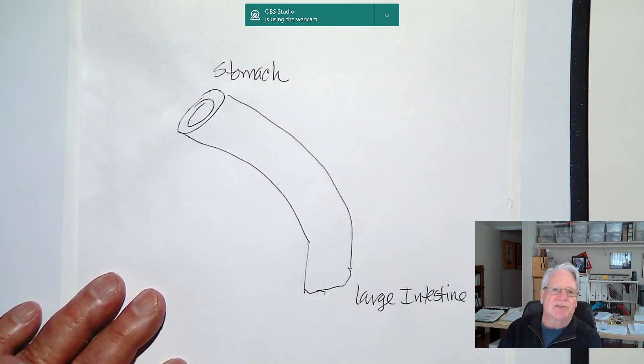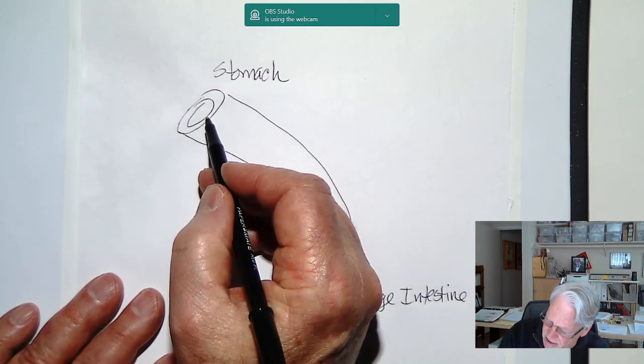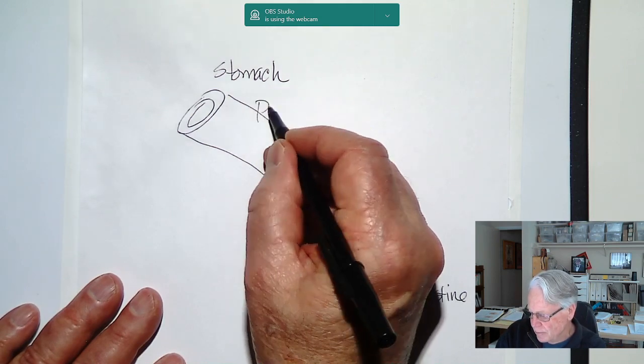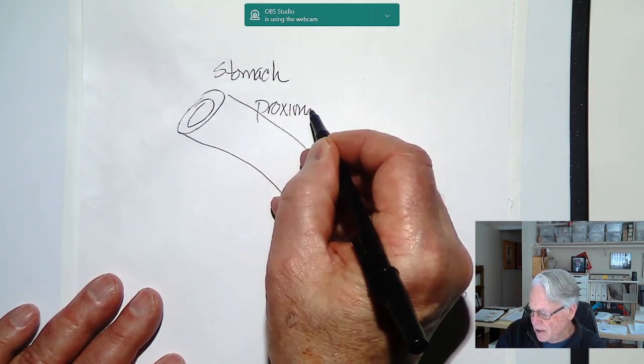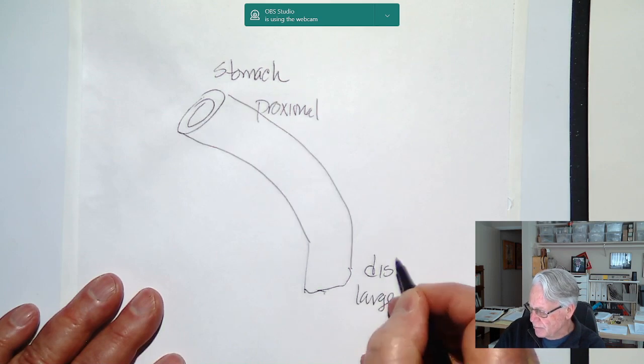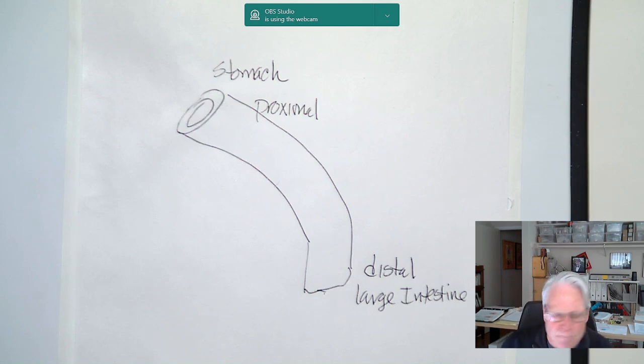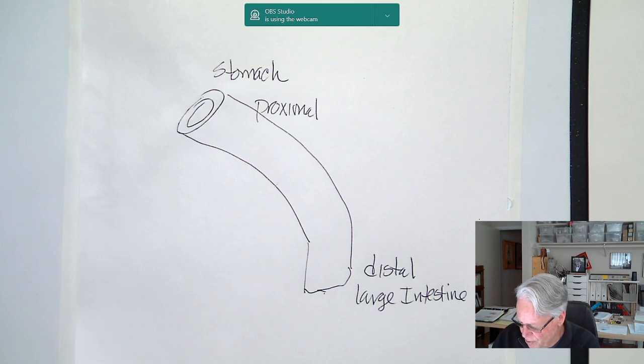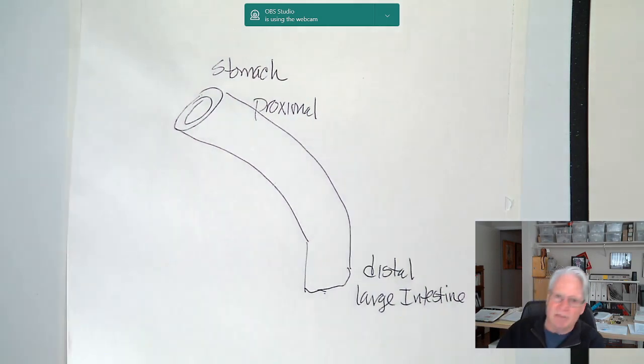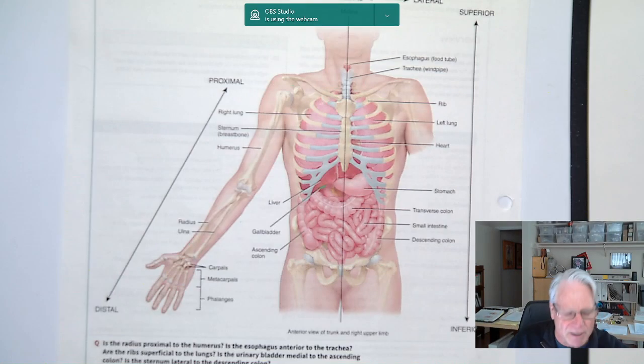So this is a tube, it starts at the stomach, ends at the large intestine. And since this is the beginning, we call this the proximal end, and this would be the distal end. So any tube of the human body, we identify the beginning of that tube as the proximal end, and the end of that tube as the distal end. So that's how that terminology is used when we're describing positions in the body in reference to some sort of tube that we find in the body.